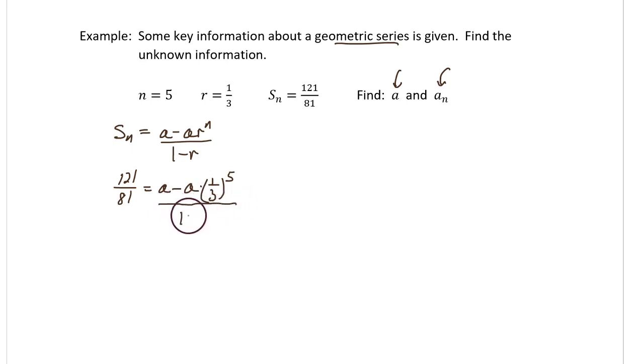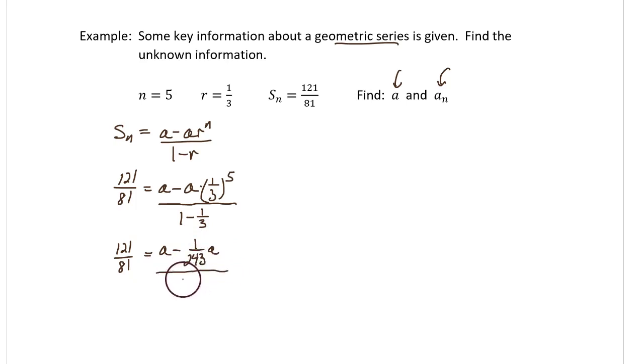In the denominator, we have 1 take away 1/3. Now we need to simplify this until we can figure out the answer for a. So 121 over 81 equals a minus, and then let's do 1/3 to the 5th power, which gets times by a. That makes 1 over 243 times a.